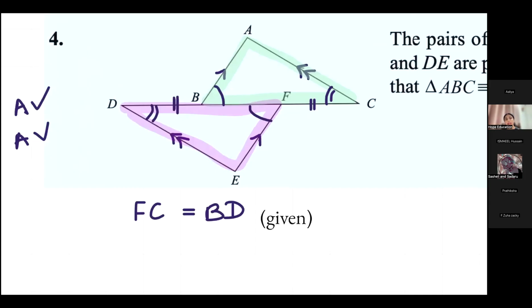Can you see that for both these sides, this part is common? Let me show you again. If you take this side of the green triangle and this side of the pink triangle, this little BF part is common to both, right?